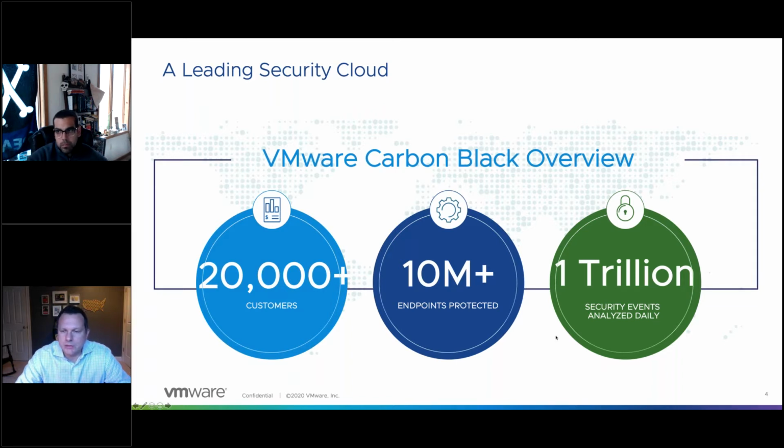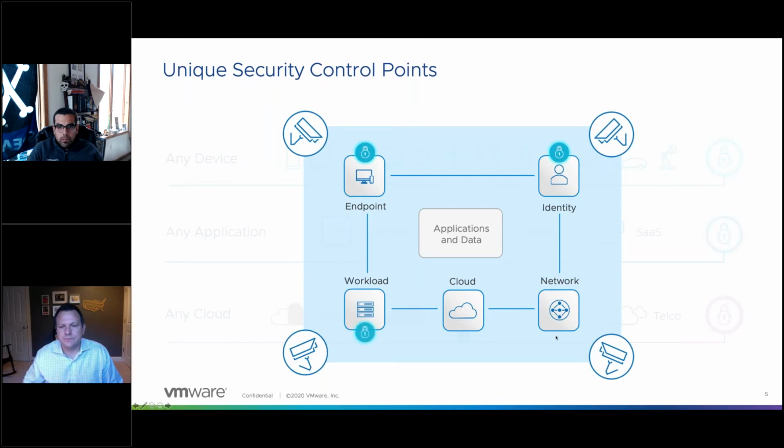Ultimately, you get the benefit across 20,000 customers of that level of visibility and analysis, leveraging the collective data across all of our tenants to provide next generation prevention and detection. That feedback loop can be enormously valuable, right? The more you're able to analyze large scales of data, the more you're able to stay one step ahead of where the attackers are trying to get to.